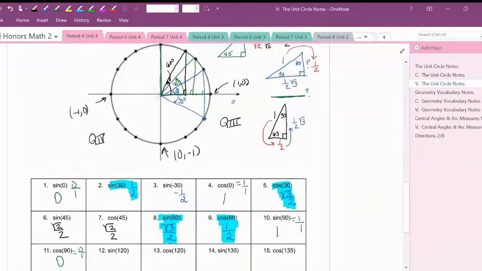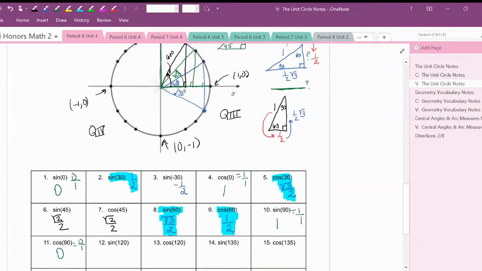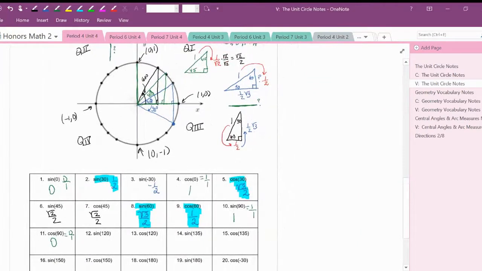All right, now we're going to map into our second quadrant, because this angle 120 exceeds 90 degrees. Right.